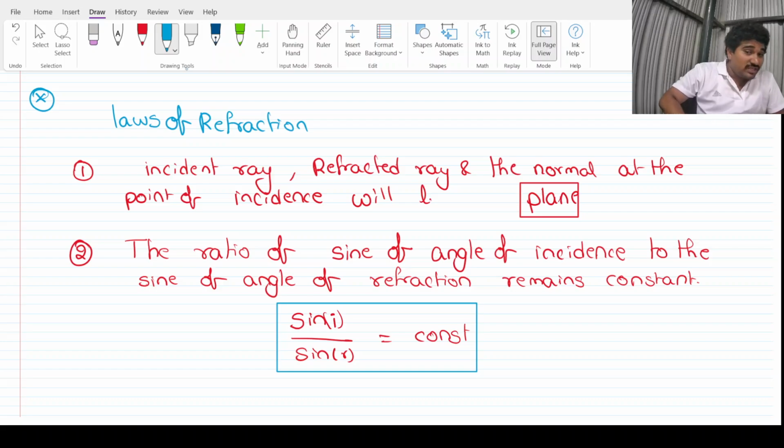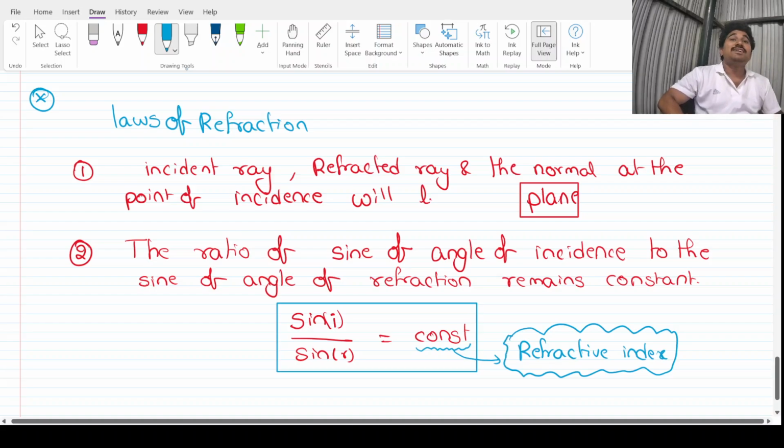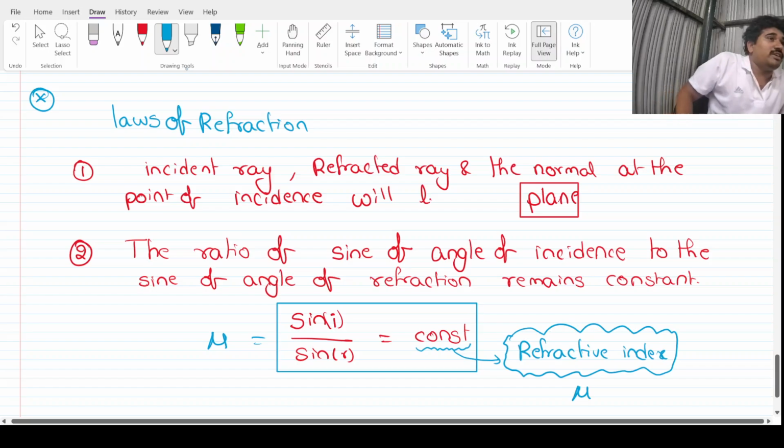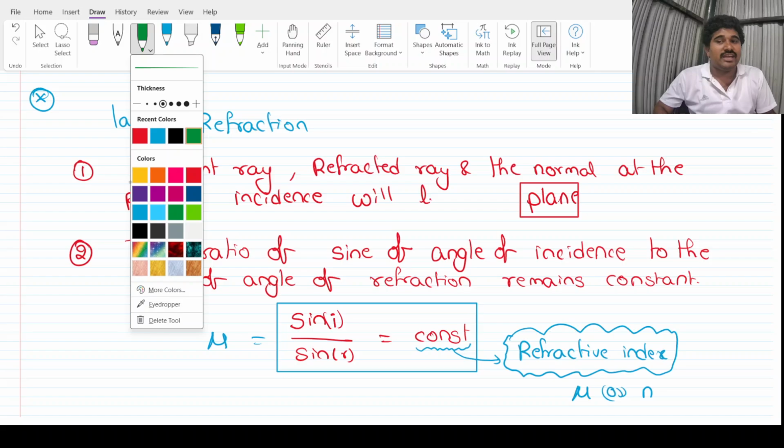That constant has one special name. That name is called refractive index. What do we call that? Refractive index. It has two symbols, either mu or n.